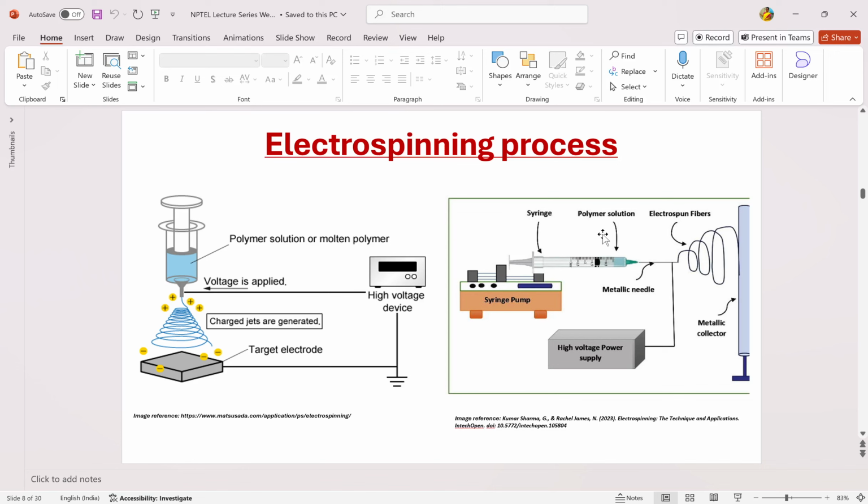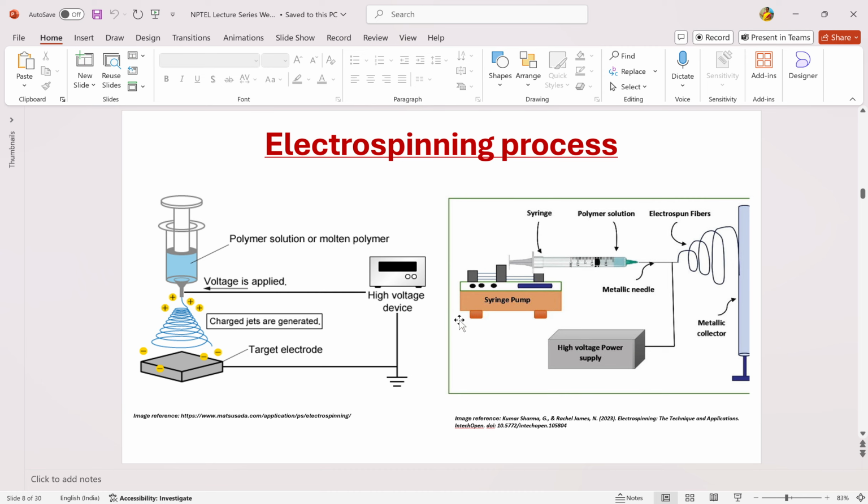This is horizontal, and your metallic collector is here. The first setup on your left is called a vertical electrospinning apparatus, and this is a horizontal electrospinning apparatus. You can find both kinds of apparatus, and you can use either of them for the electrospinning process.